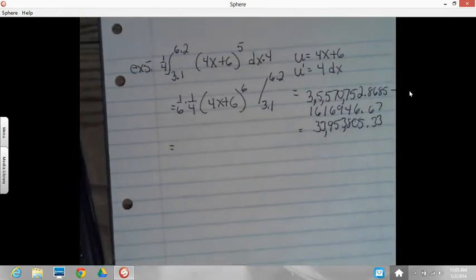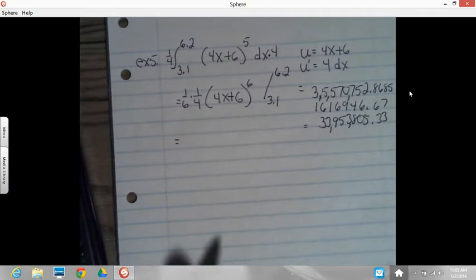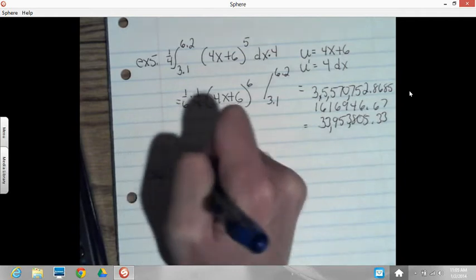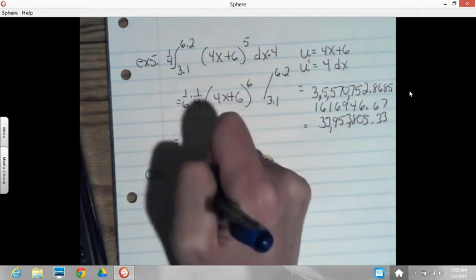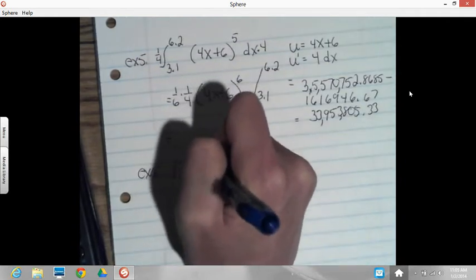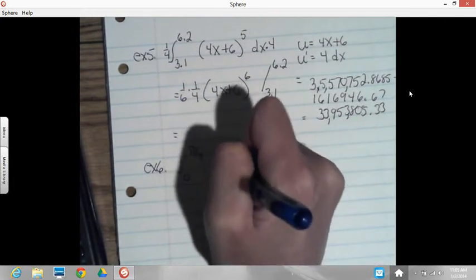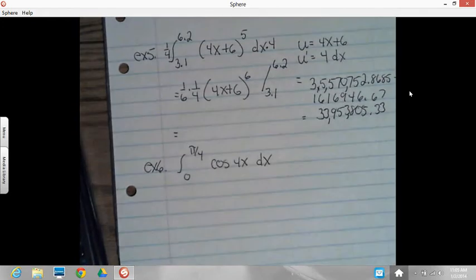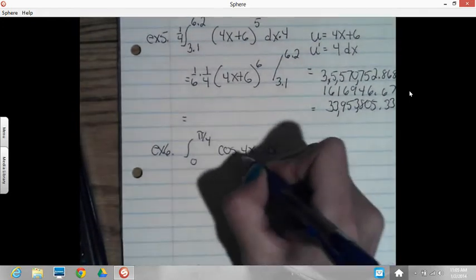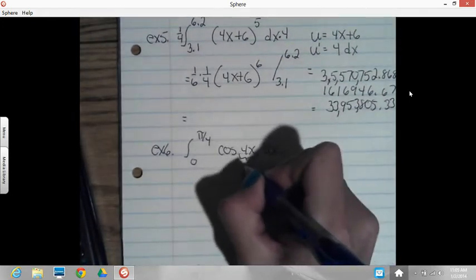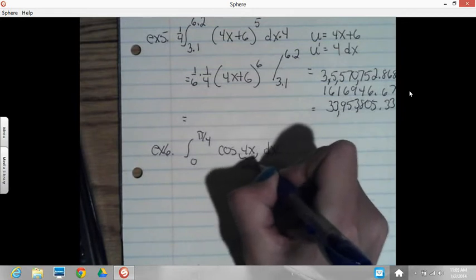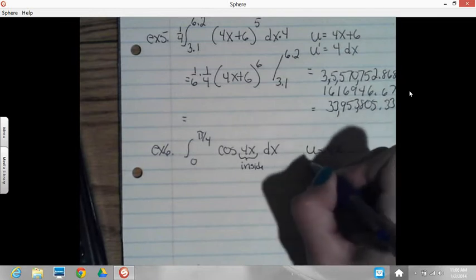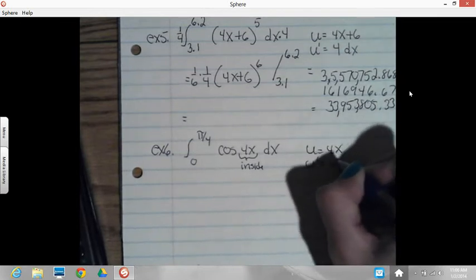Okay, our last one. The integral from 0 to pi over 4 of cosine 4x dx. Okay, remember the angle is your inside function here. So the derivative is 4 dx.